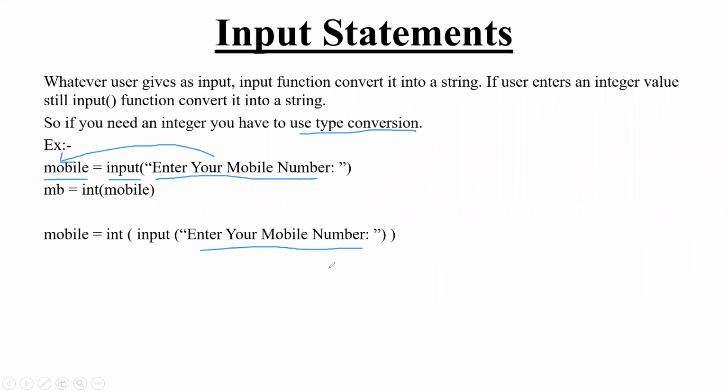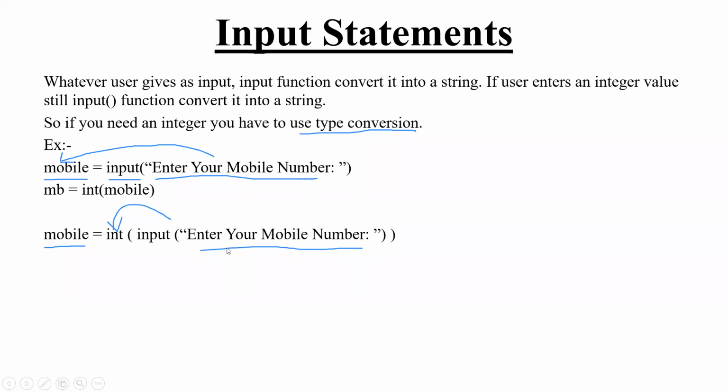That is the input function we are going to use, and the entire number will be type converted and given to this particular variable. Now whatever value you have provided will be an integer, not a string. Before, by default it was converting to a string, but now it is converting into a number.